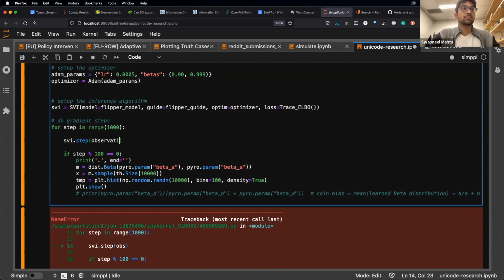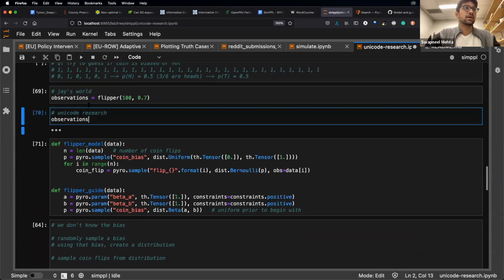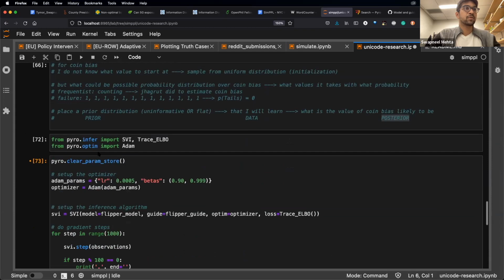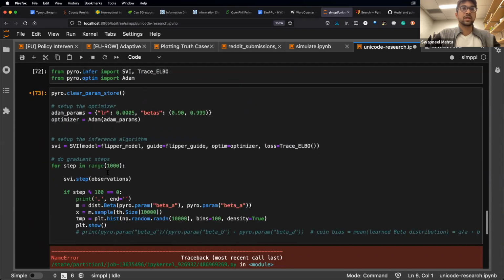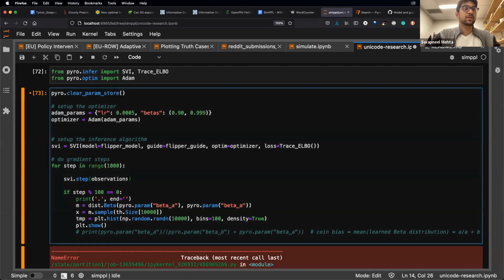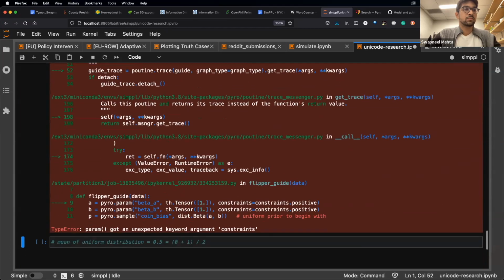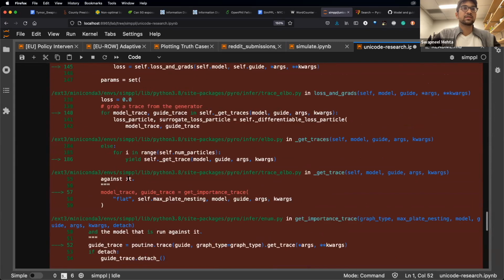Why is this not tab? This is not tab. This should have tab completed, but for some weird reason it is not. Unexpected keyword constraints.